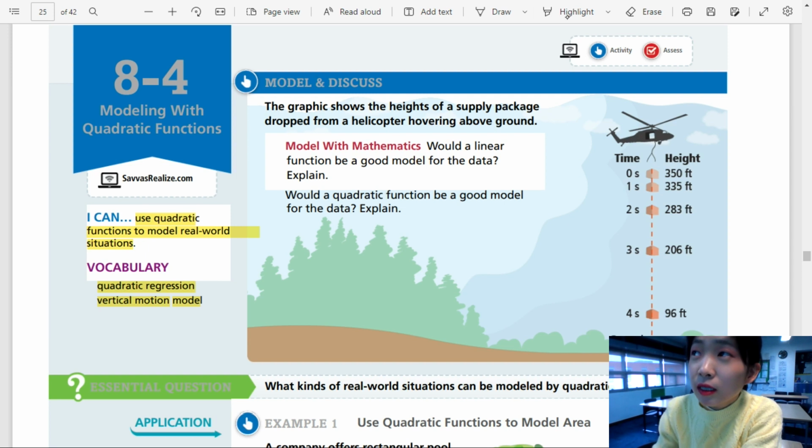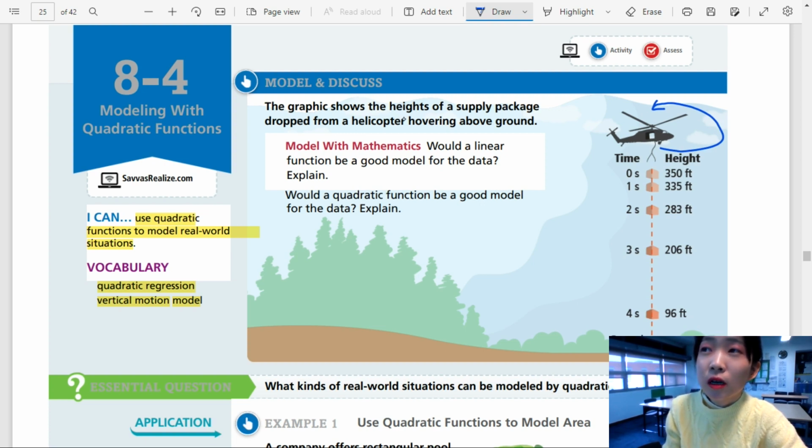So if you look at the heights, we have 350, 335, 283, 206, 96 above the ground, right? It's going to hover above the ground, which means it's not just going to stay in the same position. It's probably move around, right? So would a linear function be a good model?